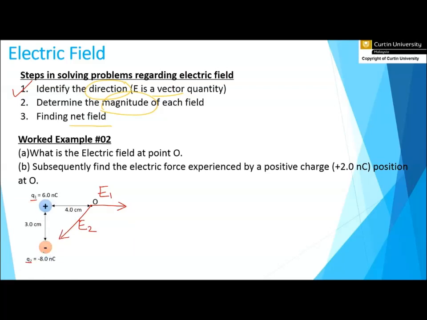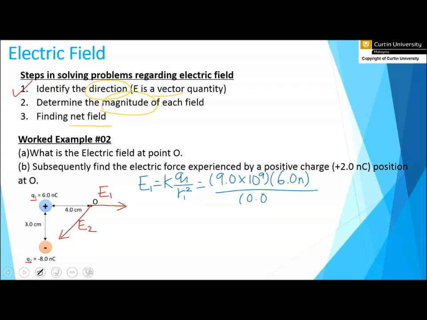Now we look for our step 2. Look for the magnitude. So E1 equals K Q1 divided by R1 square. So 9.0 times 10 to the power of 9 times your Q1, which is 6.0 nanocoulomb, divided by the distance 0.04 square. You get 33.75 times 10 to the power of 3.